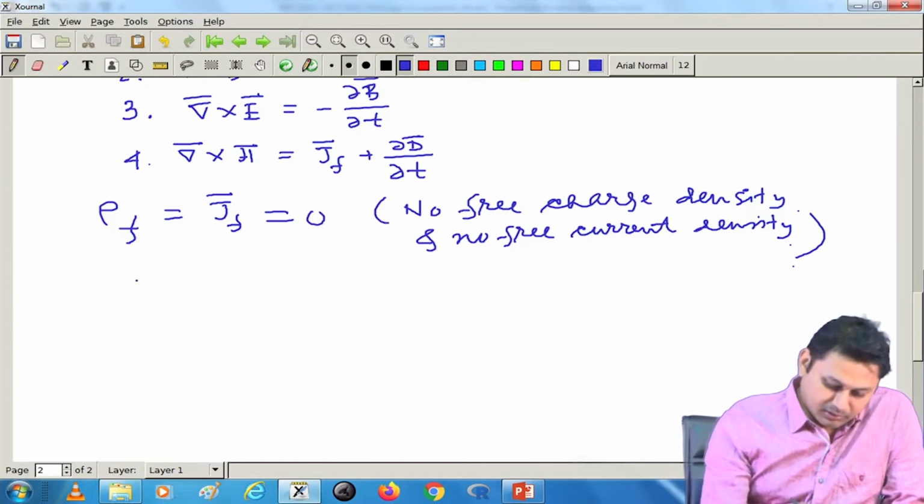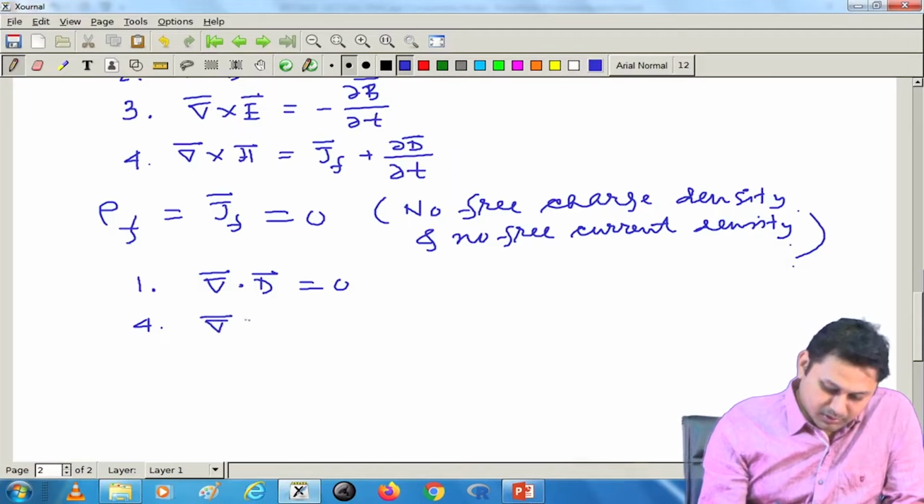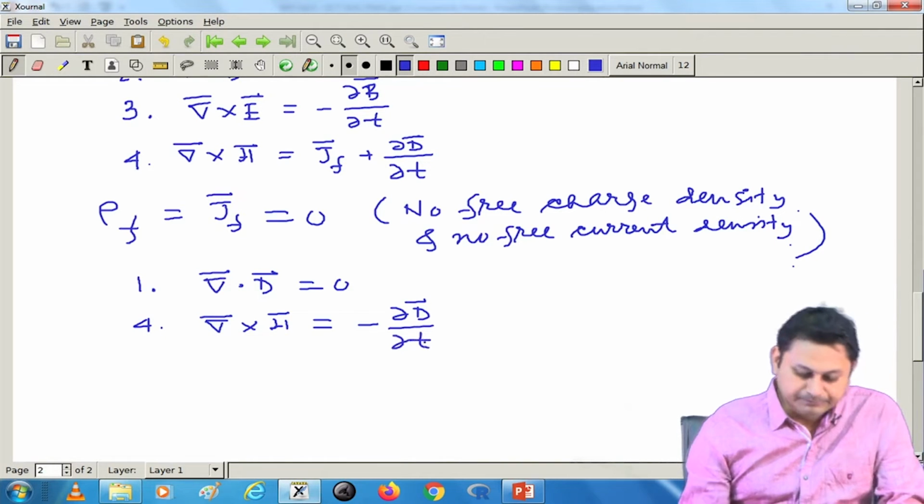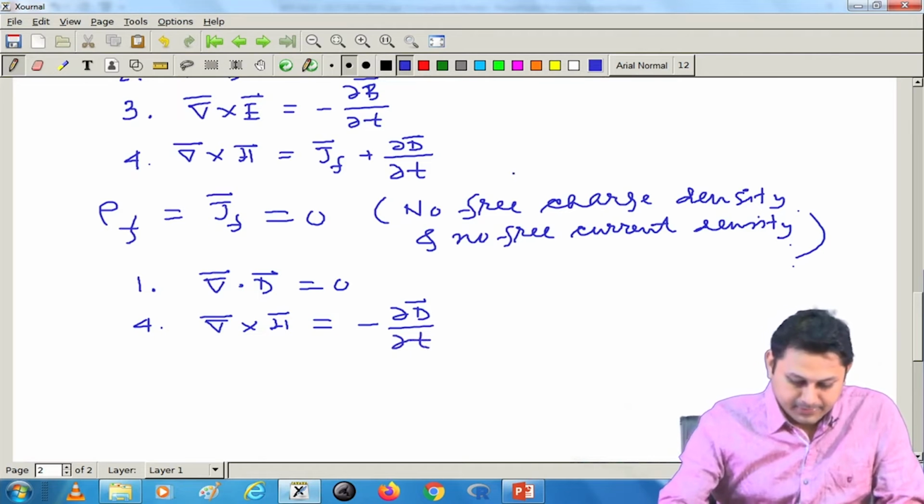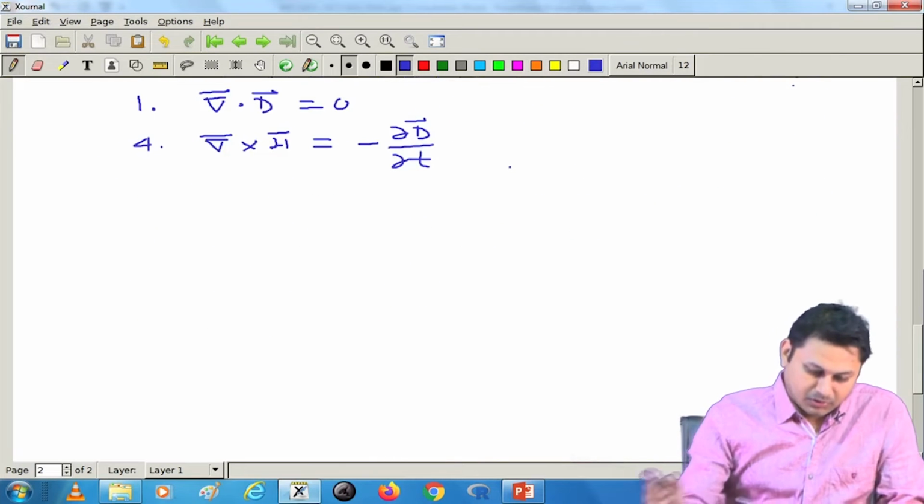So, equation 1 will simply be grad dot D is equal to 0, and equation 4 will be curl cross H is equal to this quantity. Okay.